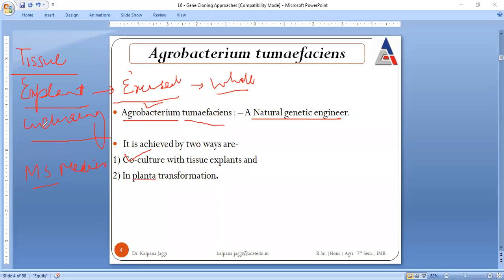So what is done, this explant is excised and placed onto the culture. The culture consists of the media, and the media consists of all the nutrients actually required for the growth and development of the tissue, the explant.